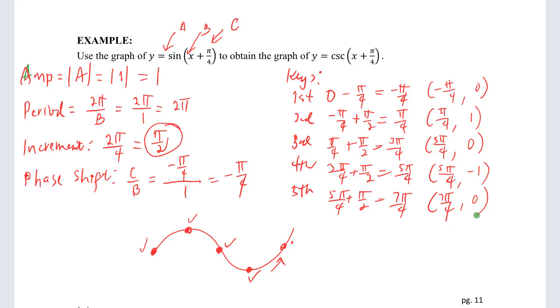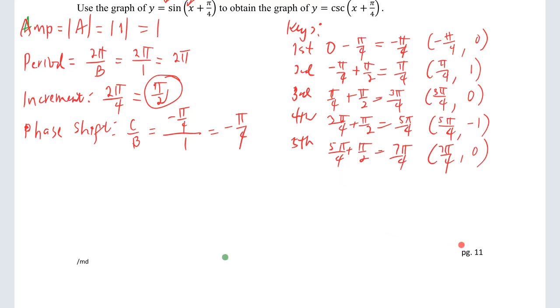Now let's proceed graphing this since we have that information. As you can see, there's no difference between graphing this sine and then cosecant in terms of the procedure. So plotting the points, we have 1, 2, 3, 4, 5.